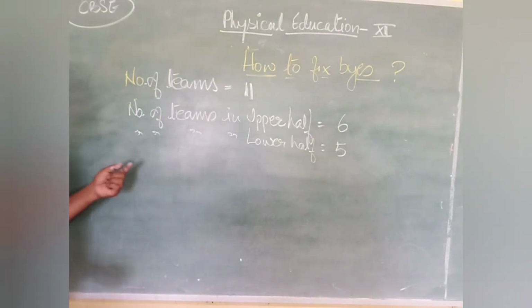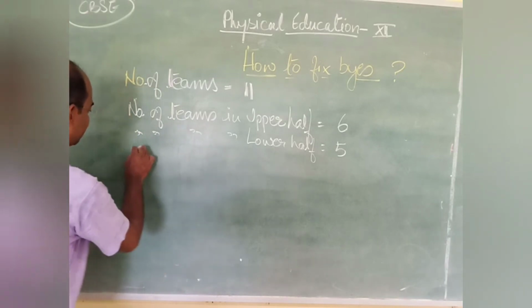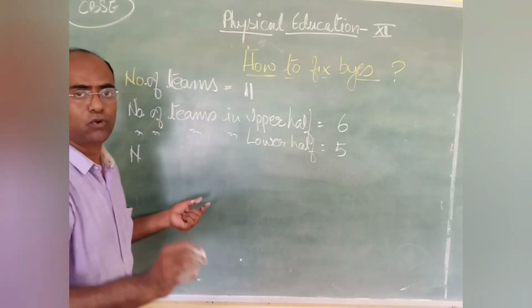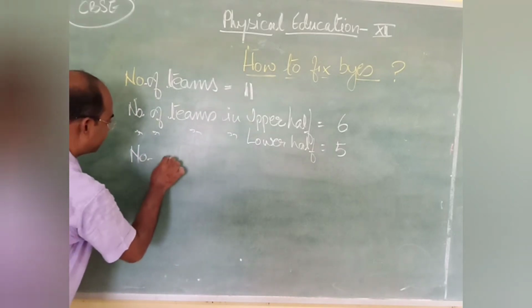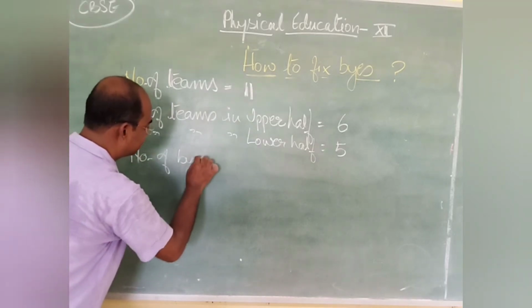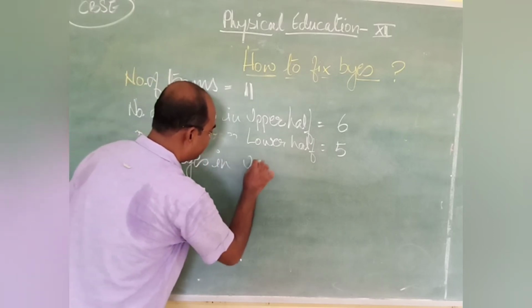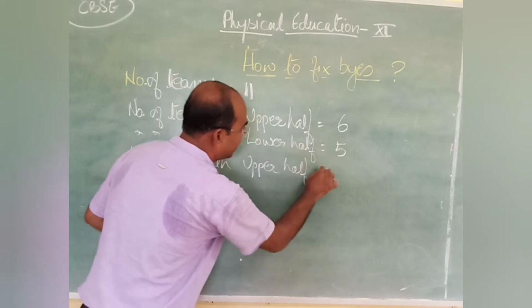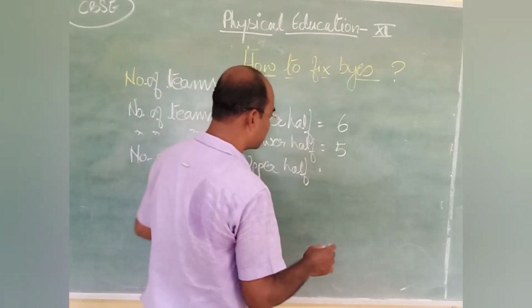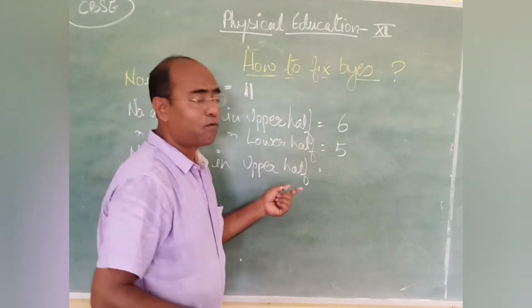Then number of buys in upper half, already we have discussed. You can go back to last module and check over there. Total how many buys we are giving? We are giving 5 buys.